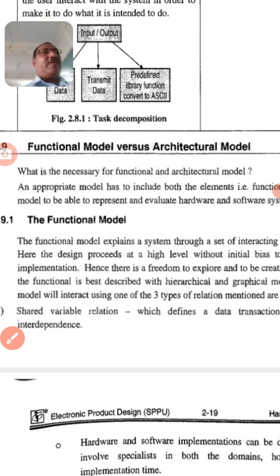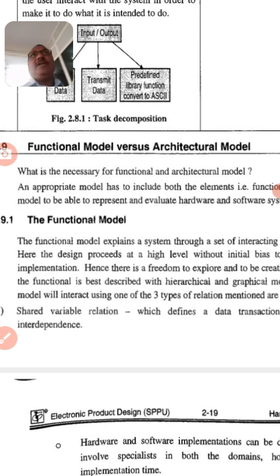Suppose in a uniprocessor software you have a variable inside the software. That variable should be shared by everybody.